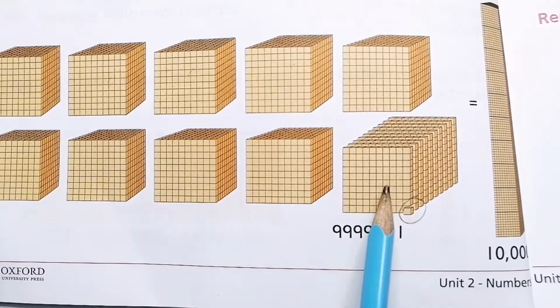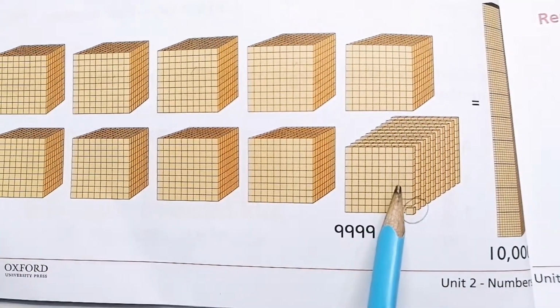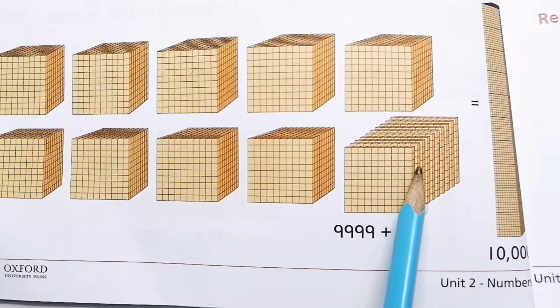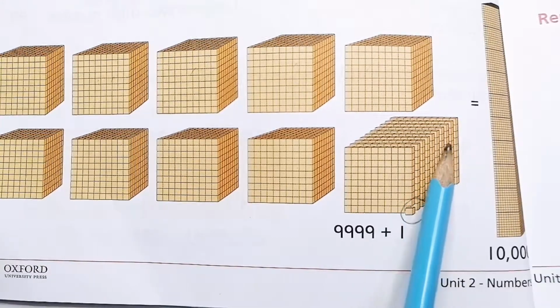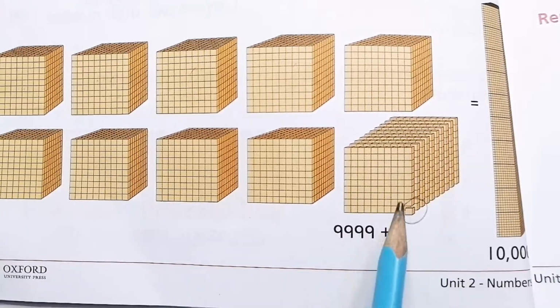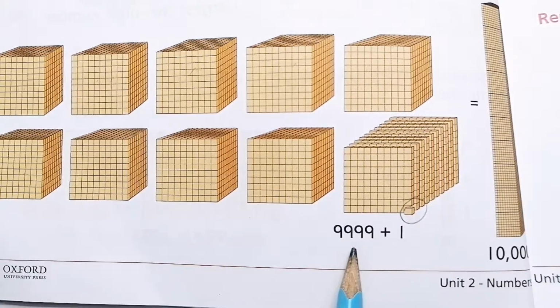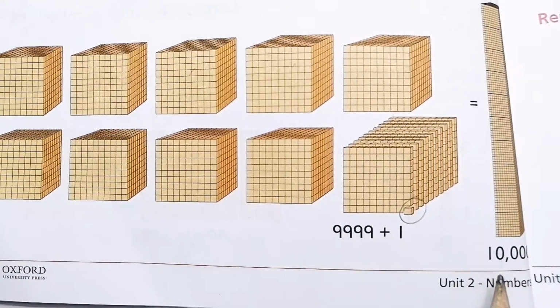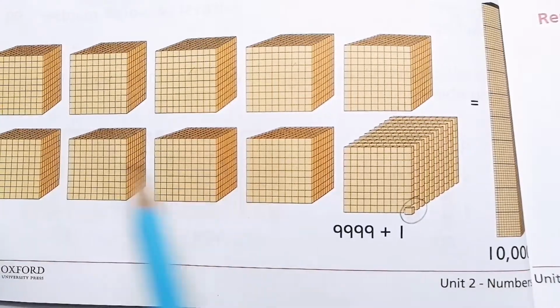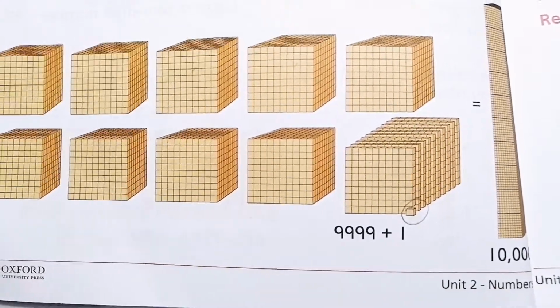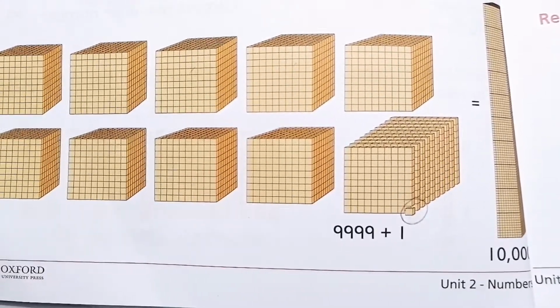So then you add 999 again. 1, 2, 3, 4, 5, 6, 7, 8, 9, so 900, and adding 1 to 9999 makes 10,000, right? So this is just to make you understand how you add bigger numbers and smaller numbers.